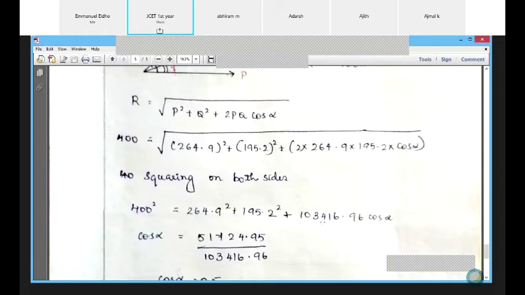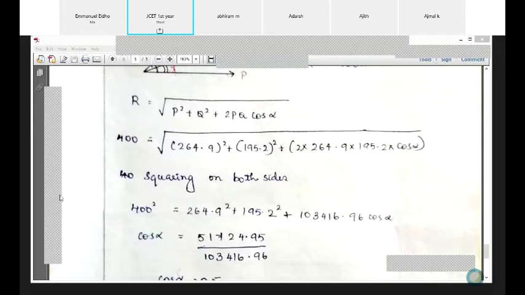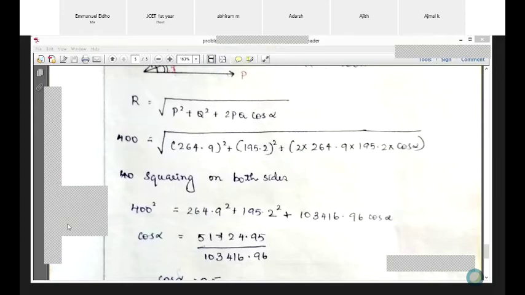So you will get cos alpha is equal to, that is 51724.95 divided by 103416.96. അതായത് നിങ്ങൾ എന്ത് ചെയ്യണം? 400 സ്ക്വയർ, that is here എങ്ങനെ വരും?